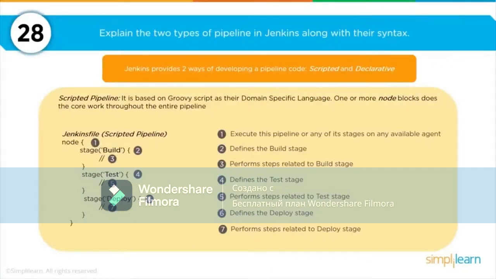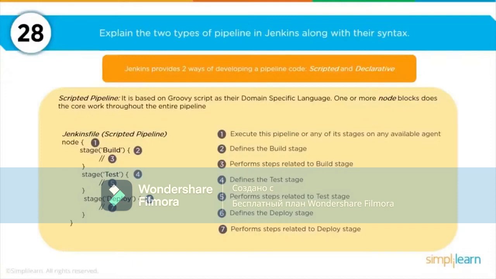A scripted pipeline is based on Groovy script as its domain-specific language for Jenkins, and there are one or more node blocks that are used in the pipeline.